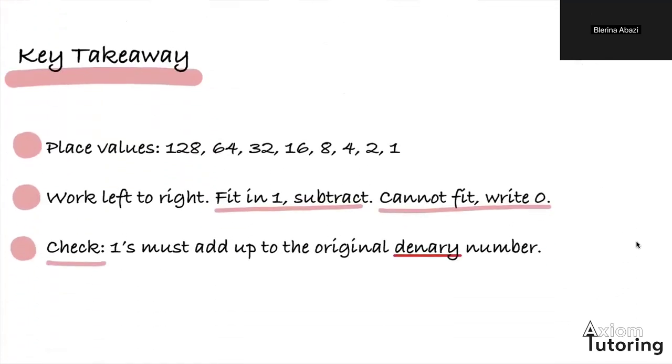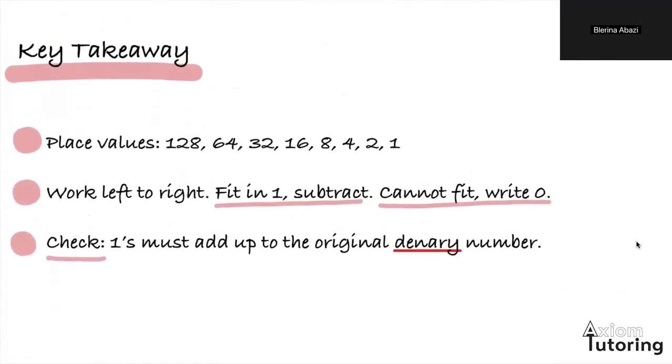So the key takeaways for this video would be the place values for an 8-bit number are 128, 64, 32, 16, 8, 4, 2, and 1. I would suggest that you learn these as they come up constantly and they're very useful when you're converting a denary number to binary. You must always remember to work from left to right.